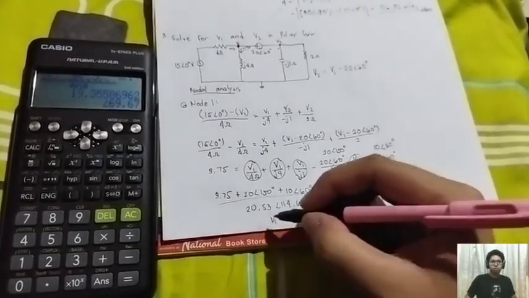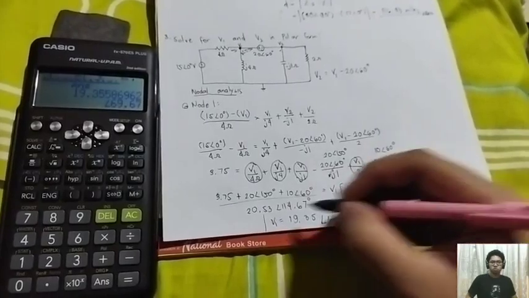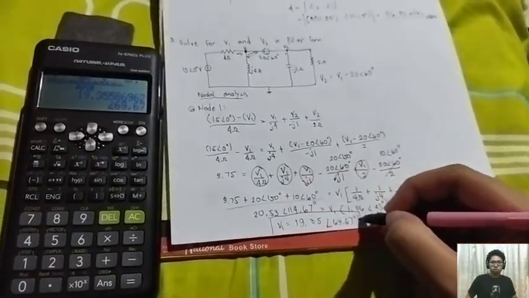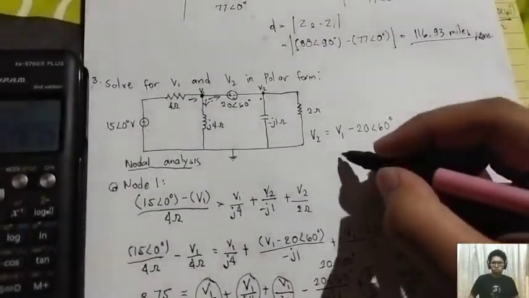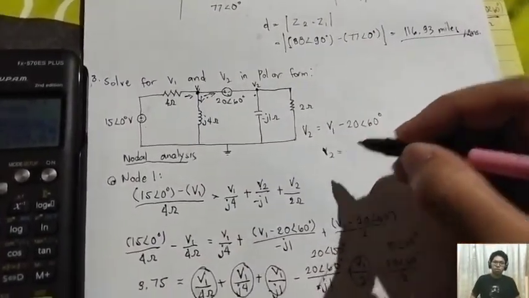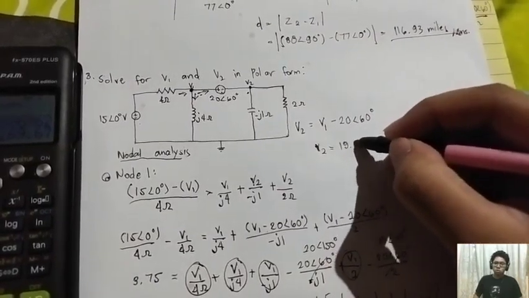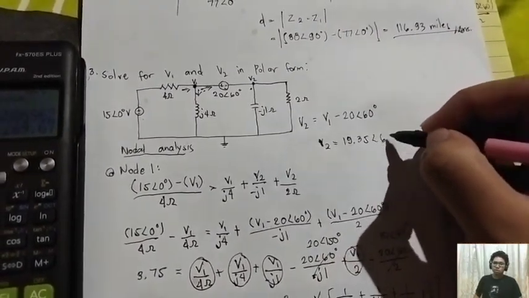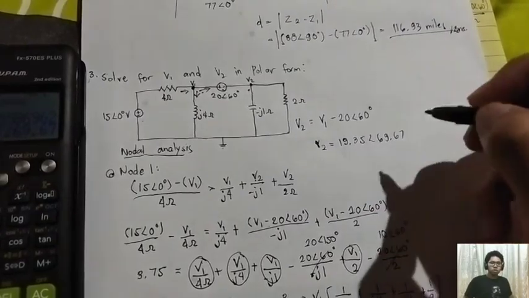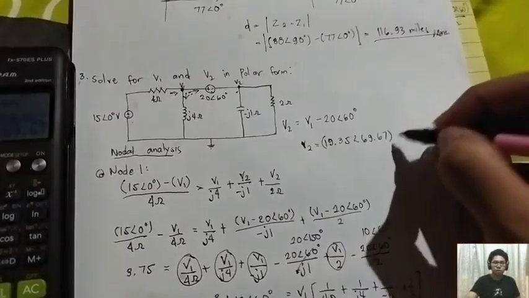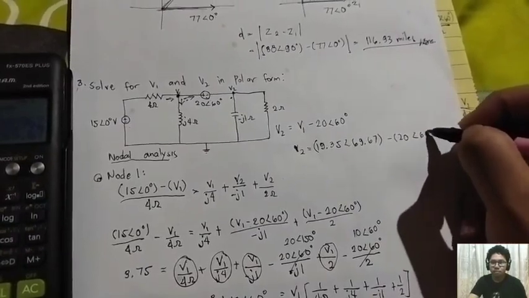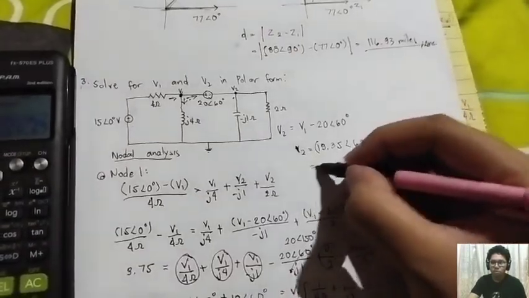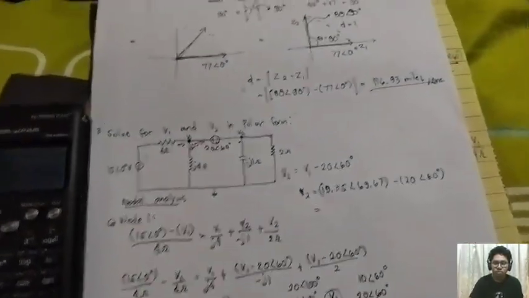And for our V2, we can use the previous equation, that is V2 is equal to V1 minus 20 angle of 60 degrees. So substituting, that is 19.35 angle of 69.67 minus 20 angle of 60 degrees.